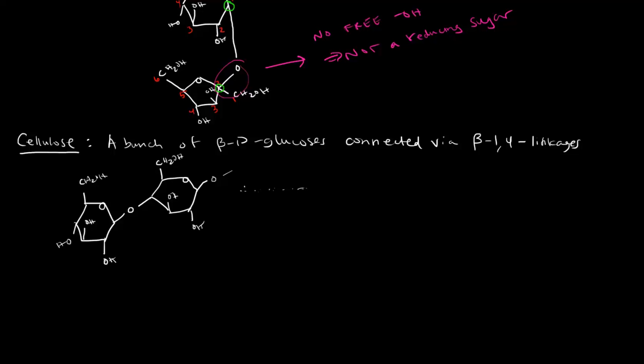But the point is here, 6, 5, 4, 3, 2, 1, 6, 5, 4, 3, 2, 1. The linkage here is indeed a beta 1,4 linkage. Okay.